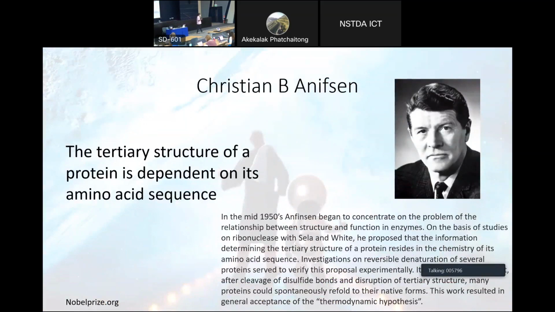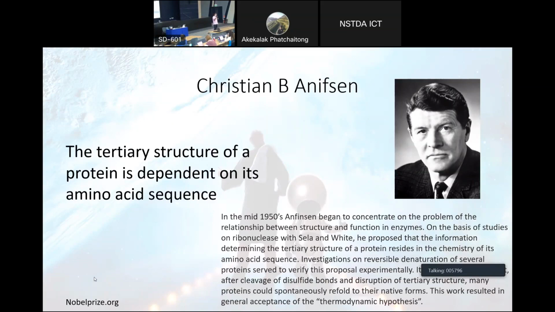So what is the basic dogma of protein structure prediction? Christian Anfinsen was working at NIH in the 1970s and got the Nobel Prize, I believe, in 1972 in chemistry. He first came up with the thermodynamic underlying theory for protein structure prediction.